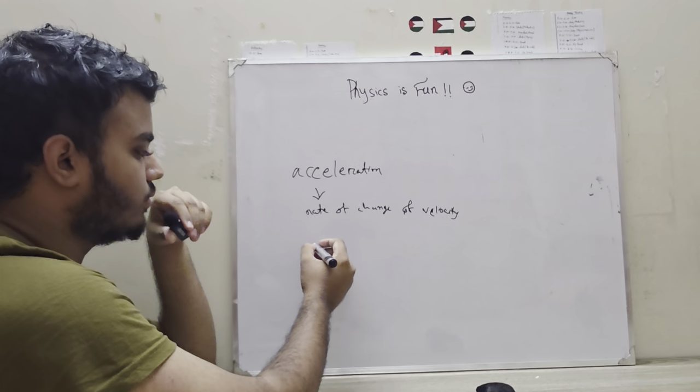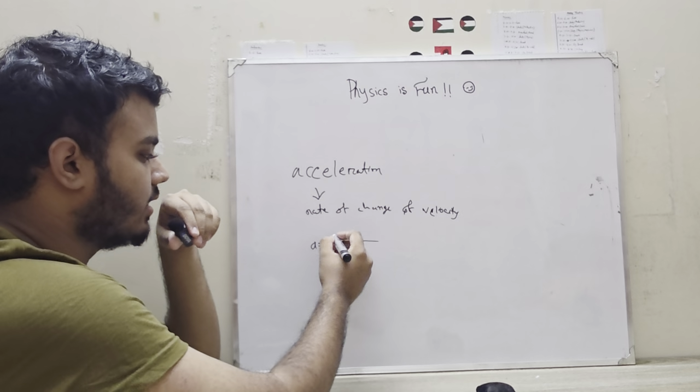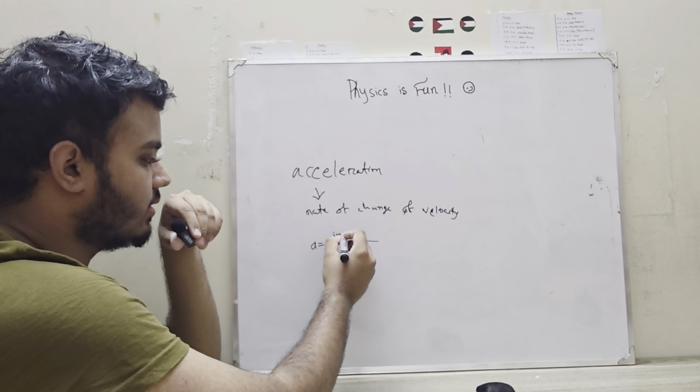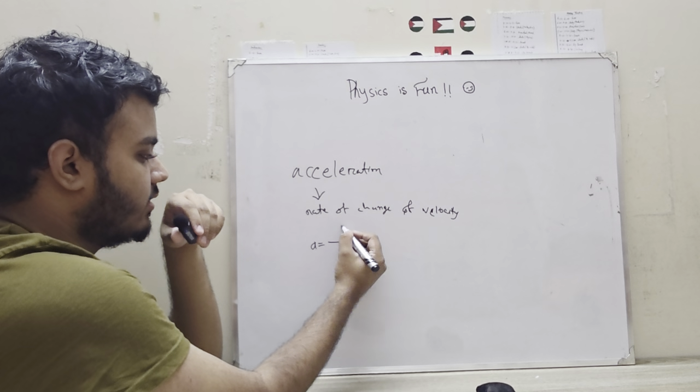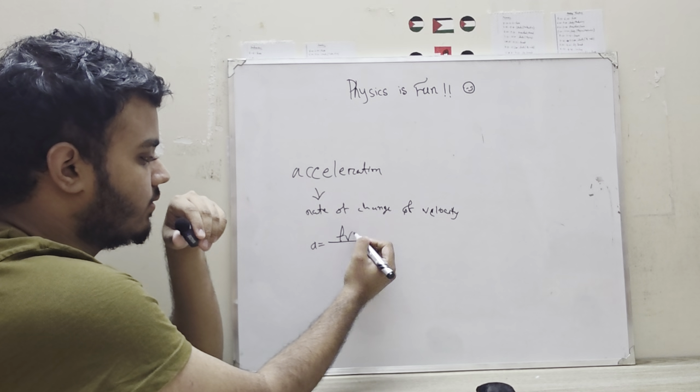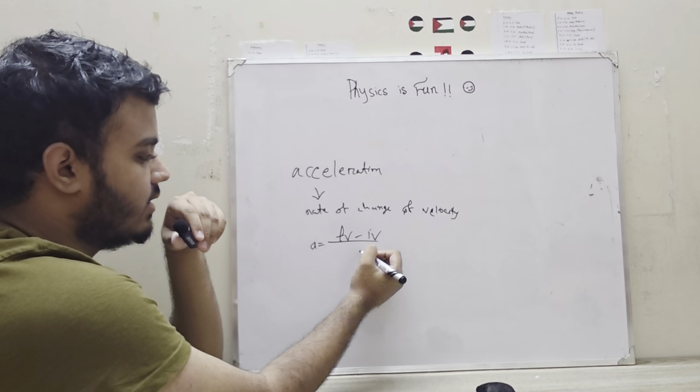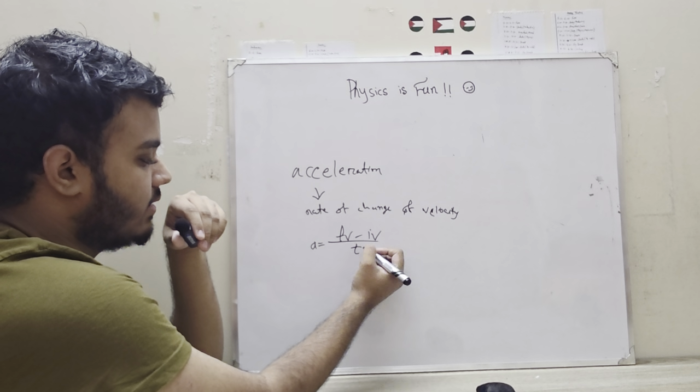To find acceleration, the formula is initial velocity, sorry, my bad, it's final velocity minus initial velocity divided by time.